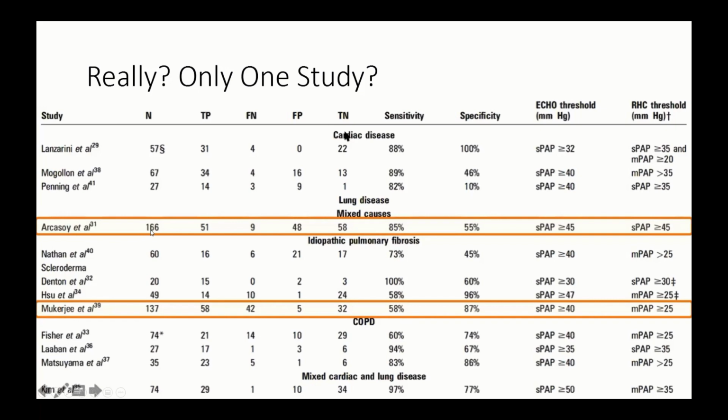One here, where 166 patients were enrolled, and here 137 patients were enrolled, with pretty similar or kind of close sensitivities and specificities. So 85% sensitivity and 58, and specificity of 55 and 87 for those 2 studies. In COPD, there were a couple of studies and one in mixed cardiac and lung disease. They all enrolled a small number of patients.